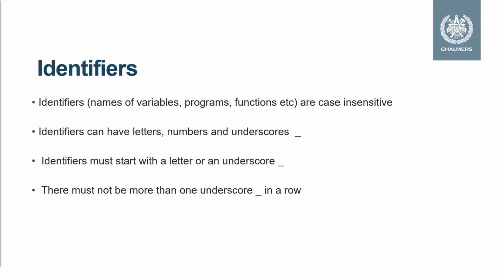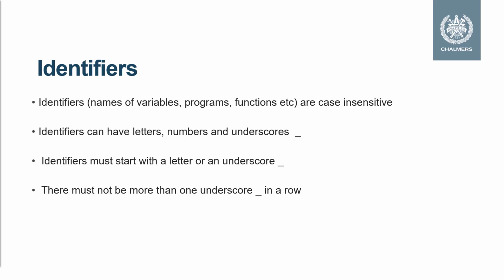Not only do our variables need to have a defined data type, they also need names. Names in our PLC system are called identifiers. Variables need names, but also programs, functions, function blocks, everything that uses memory in the system need a name, an identifier.